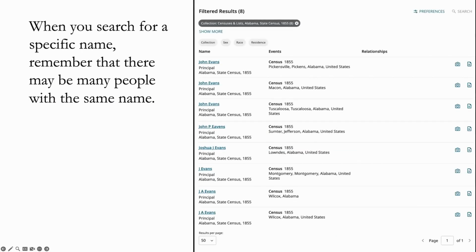So when you search for a specific name, remember that there may be many people with the same name. It's hard to put into words how important this is to understand. When I was young, very young, I didn't know anybody that had my name, obviously. And so I thought I had a kind of unique name.